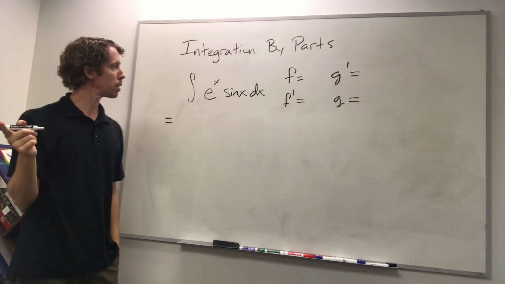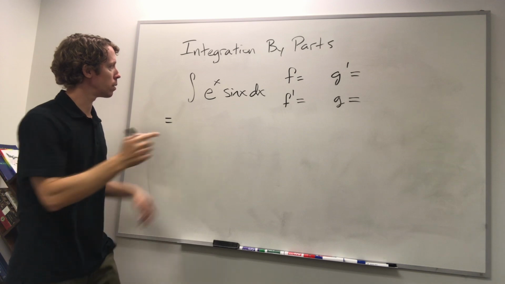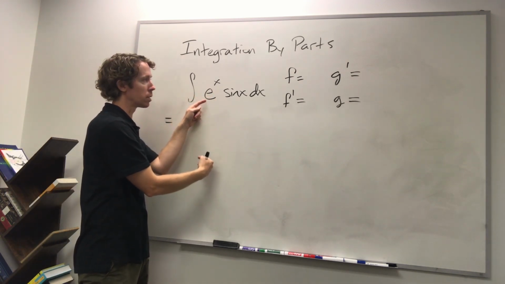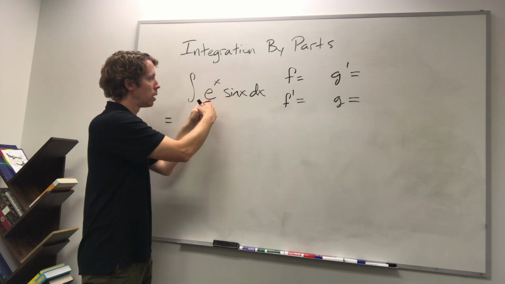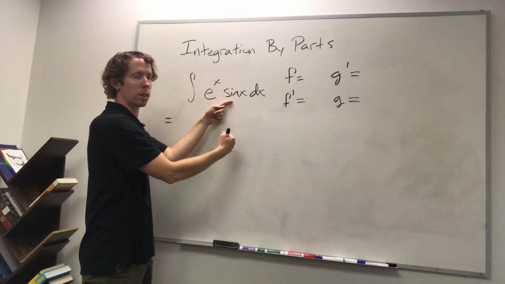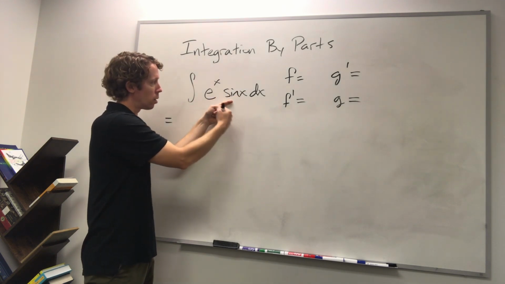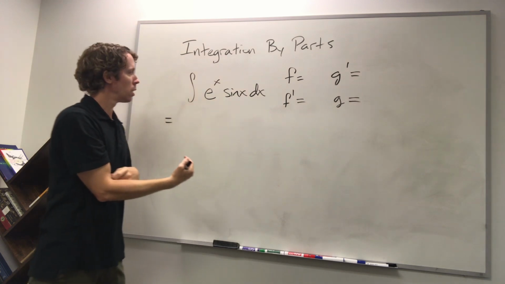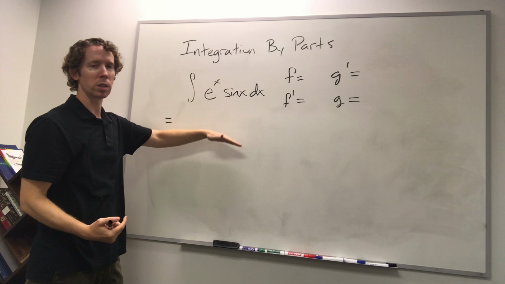But the thing is here, if I take derivatives of e to the x, I just keep getting e to the x. Same with antiderivatives. And if I take derivatives of sine, I'm getting cosine, then negative sine, then negative cosine. So those aren't getting more simple either.